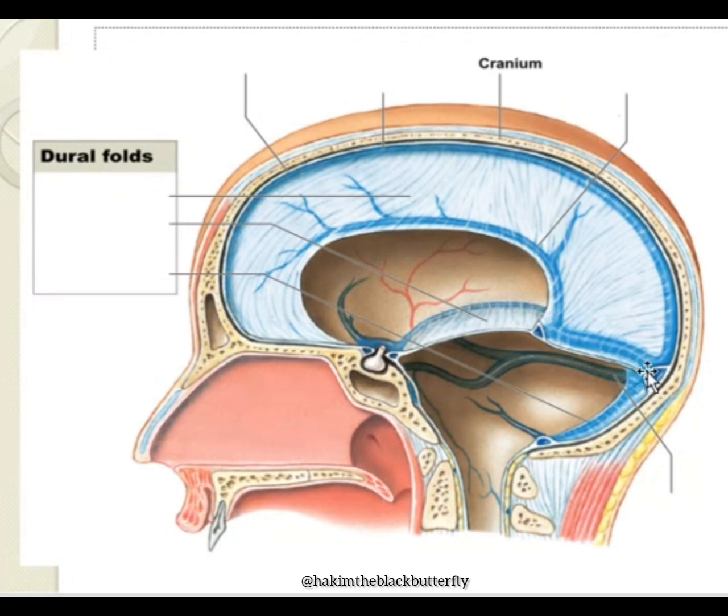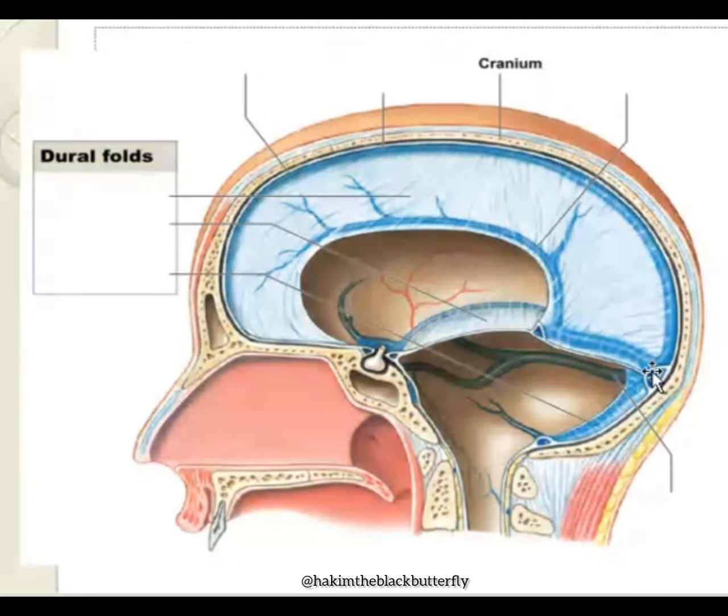They bring their blood to the confluence of sinuses. How is this blood taken away from the confluence of sinuses? If blood from the straight sinus drains to the confluence, blood from the superior sagittal sinus also drains to the confluence, then blood from the occipital sinus also drains to the confluence. How is this blood taken out?